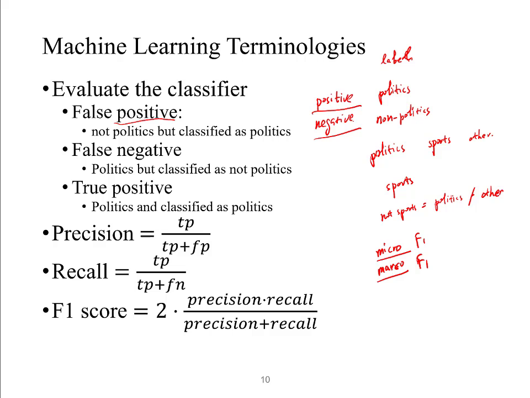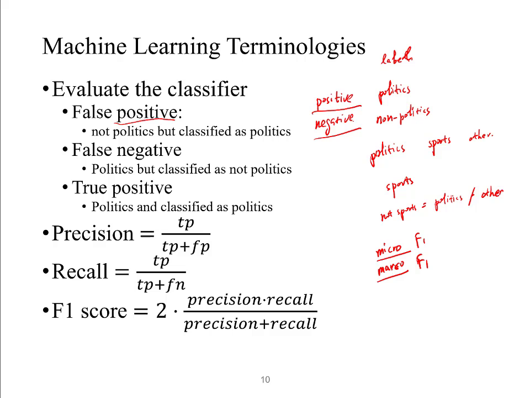Its true label would be positive, and anything that is not its true label would be negative. Based on this, you can compute the overall precision and recall for all the data. So that is micro F1. Micro in the sense that you take each test sample as a unit.